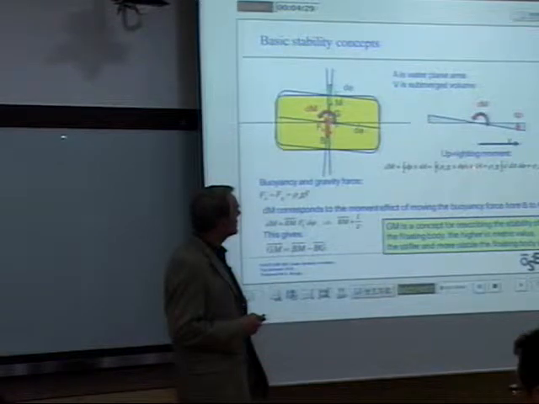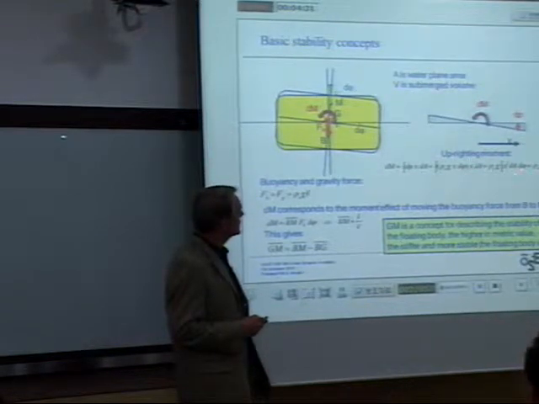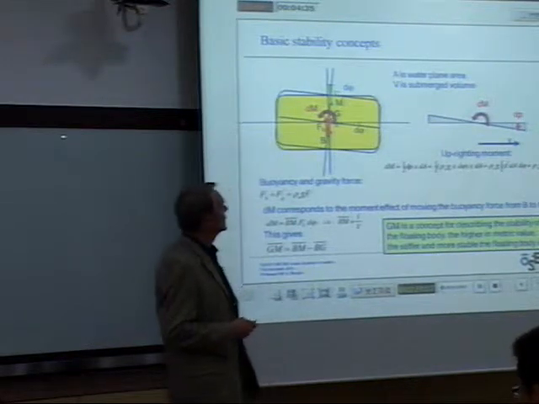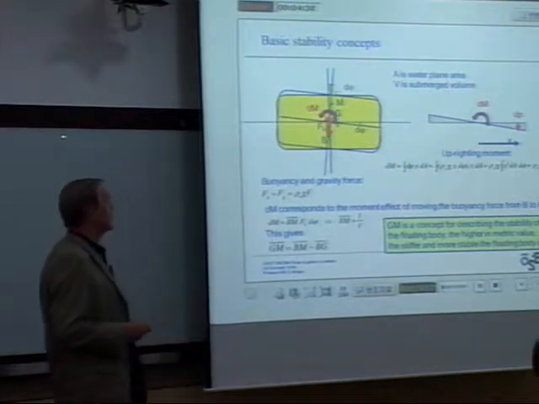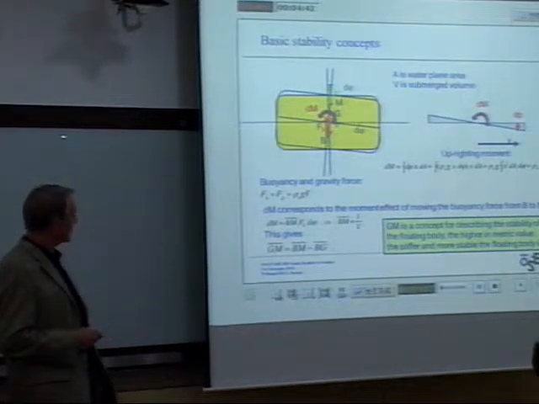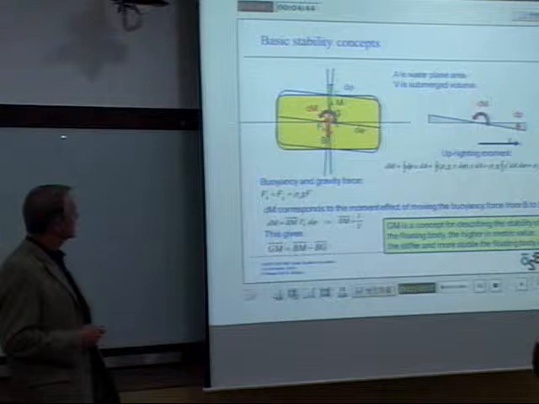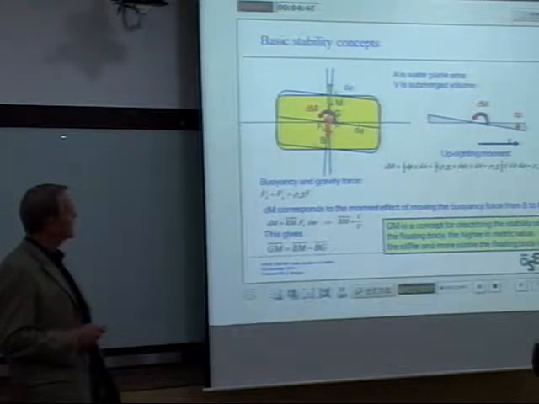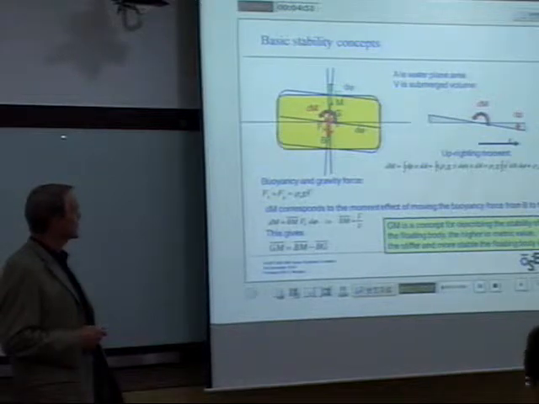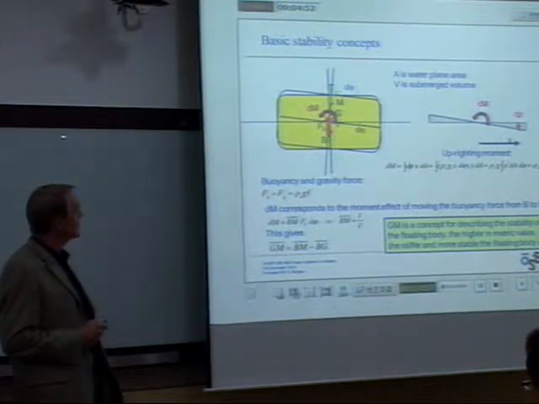And then the moment arm x, so that gives us rho g I, where I is the second area moment of the water plane area. Okay, so that is a very logical calculation of this moment contribution.